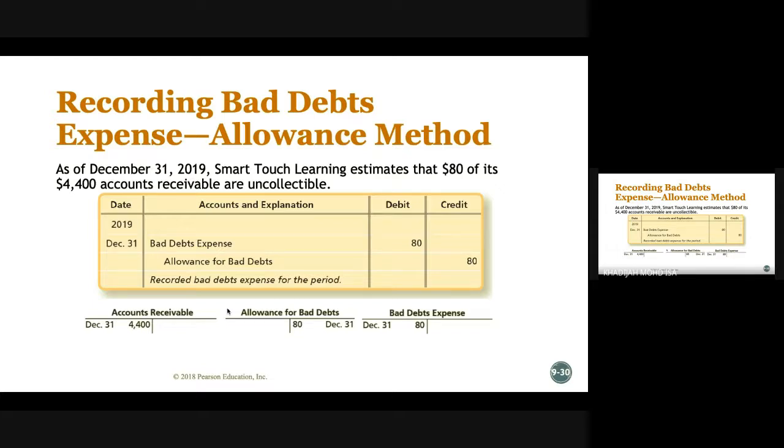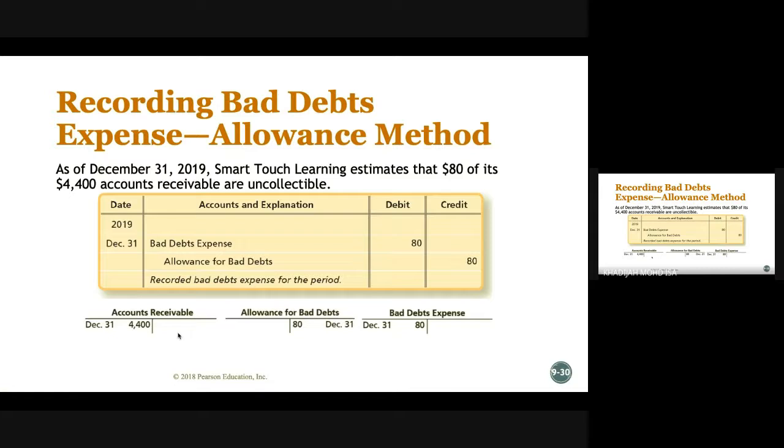Credit your allowance for bad debts, and this one is a contra account to your accounts receivable. That would be your double entry. So initially you have accounts receivable 4,400 debit, you credit your allowance for bad debts 80, and you debit your bad debt expense. You do not touch accounts receivable yet because now you only provide allowance.